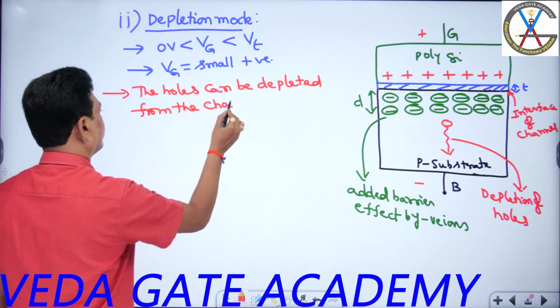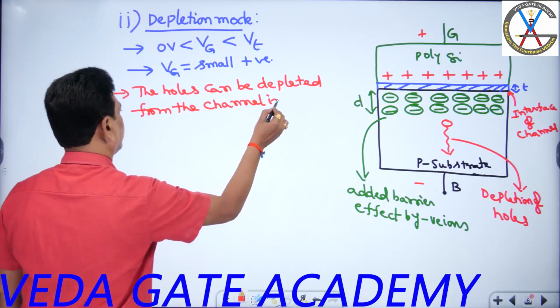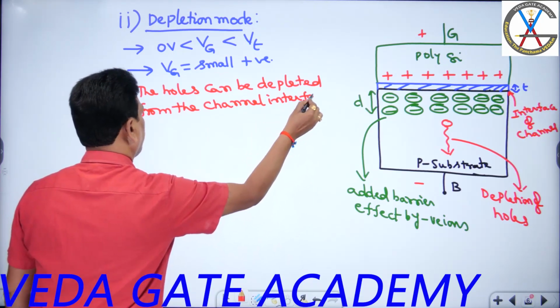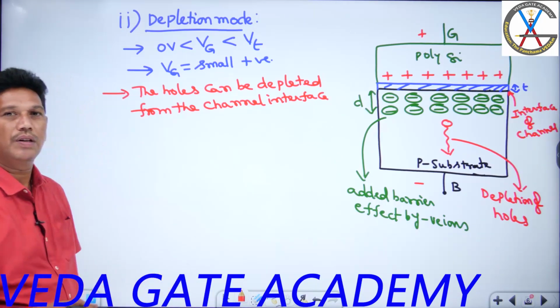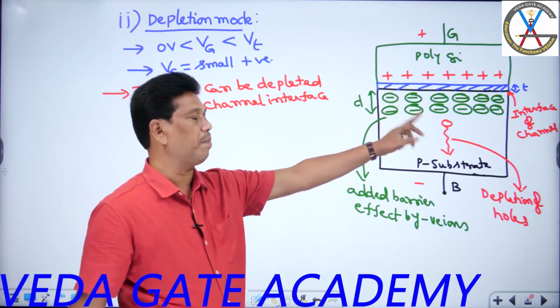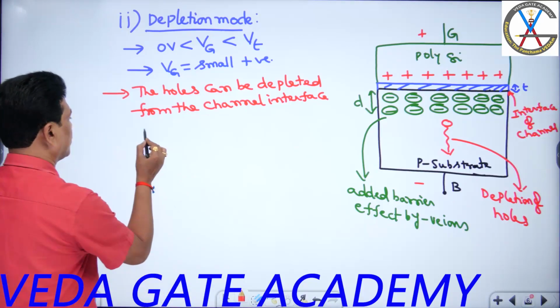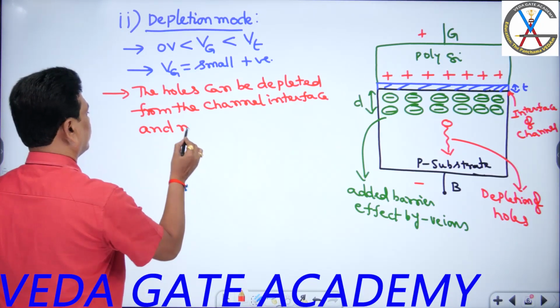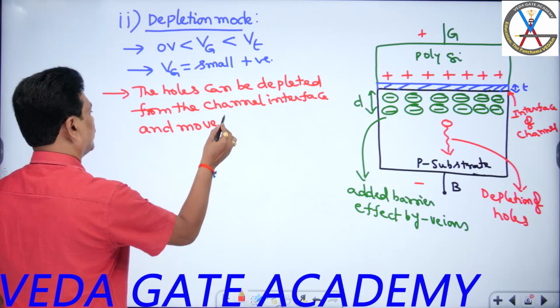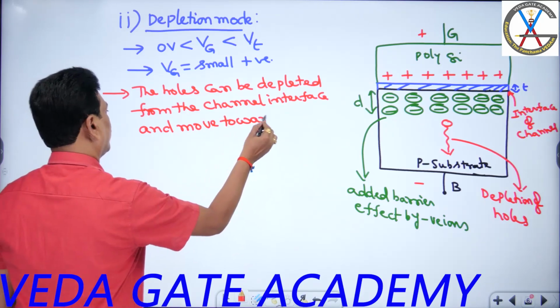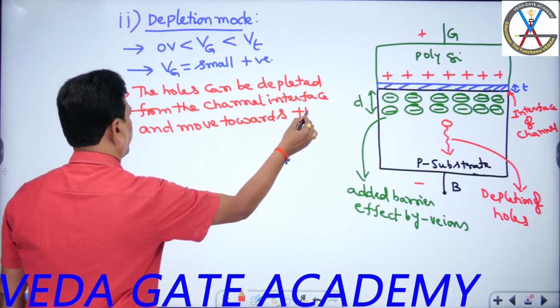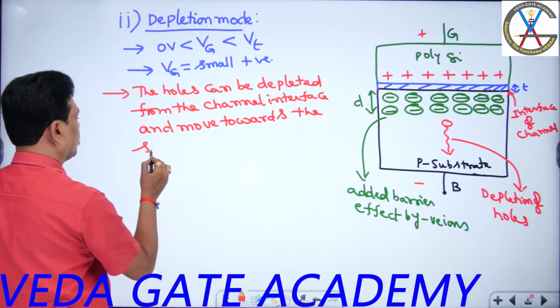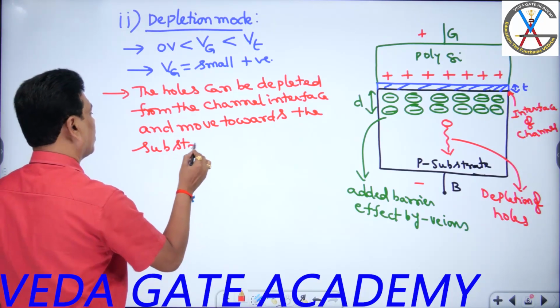So they can be depleted from the channel interface and move towards the substrate terminal, nothing but the body terminal you can call.